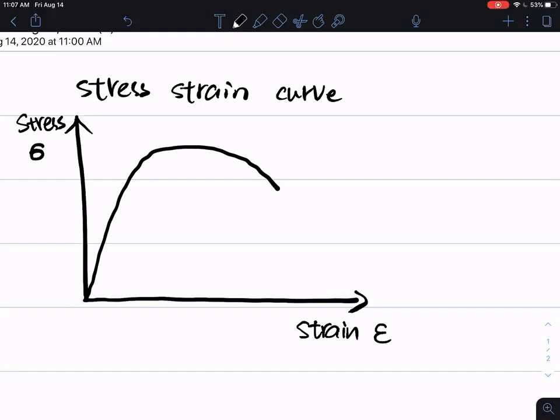The only difference between what I'm drawing here and the video you watched on Wednesday: in the video, the x-axis is not called strain. You remember what that was? Elongation, the change of length, delta L. And the y-axis in the video was force instead of stress.